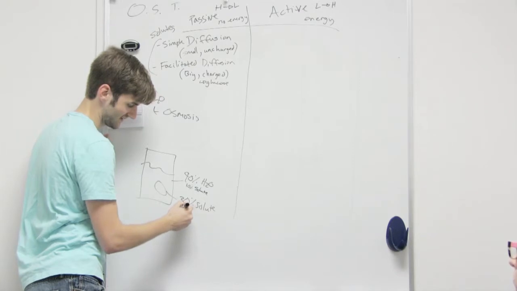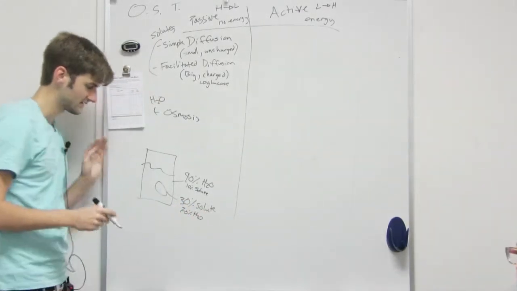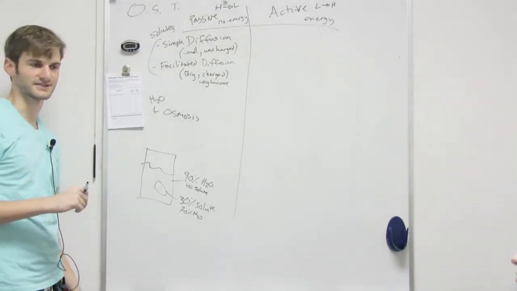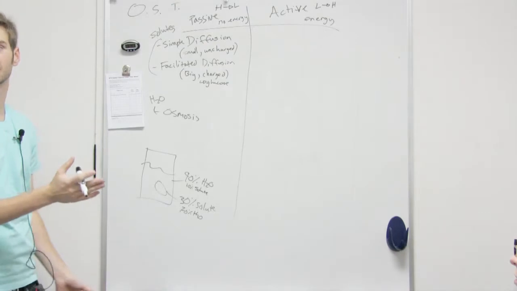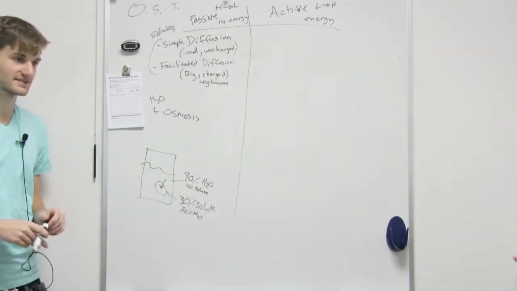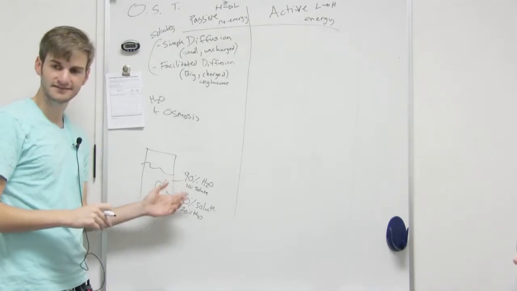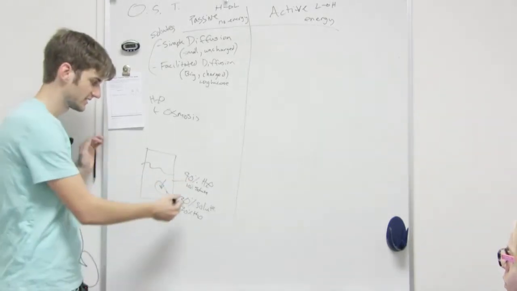Why? Because there's more water on the outside of the cell, and it wants to go to where there's more solute. Yeah, that's what I meant. The cell will get bigger, right? Yes. Okay. Because if we have these percentages, water always wants to even out the percentages, so it always goes to where there's more solute.